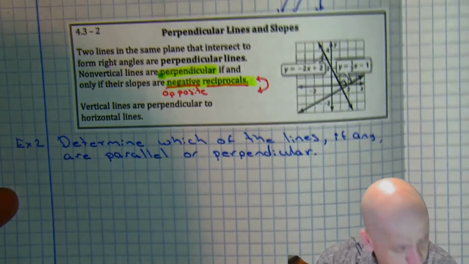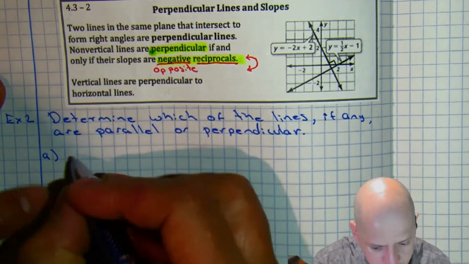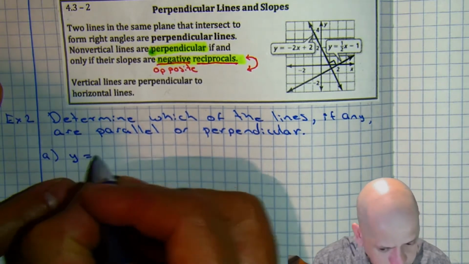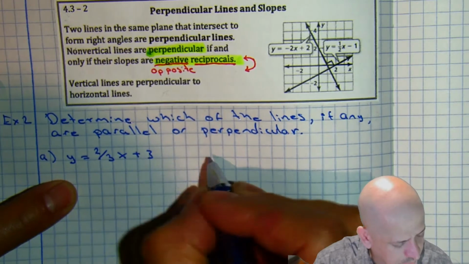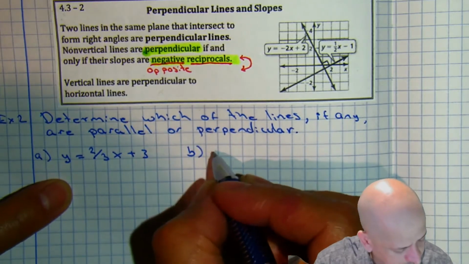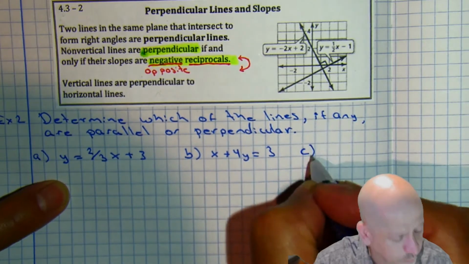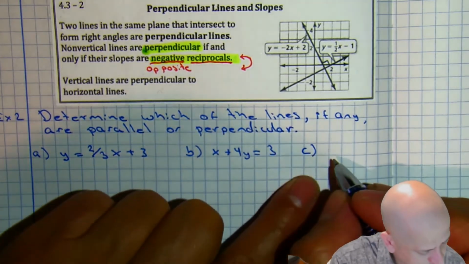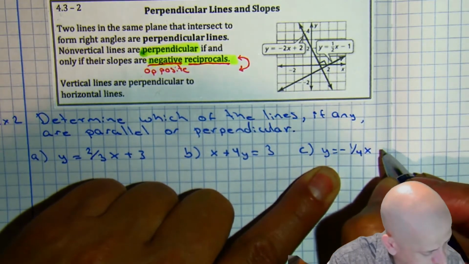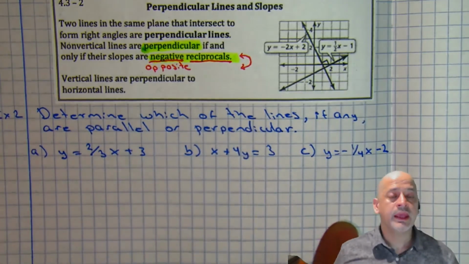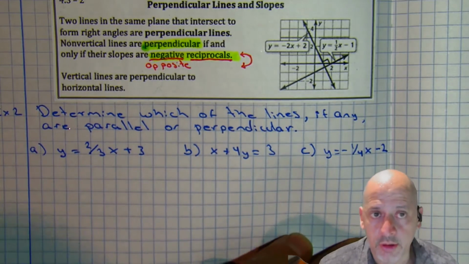Line number 1, A, will be y equals 2 over 3x plus 3. B, x plus 4y equals 3. And finally, they're going to give you one more, which is y equals negative 1 over 4x minus 2. And I need to be able to decide whether any of the lines are parallel or perpendicular.